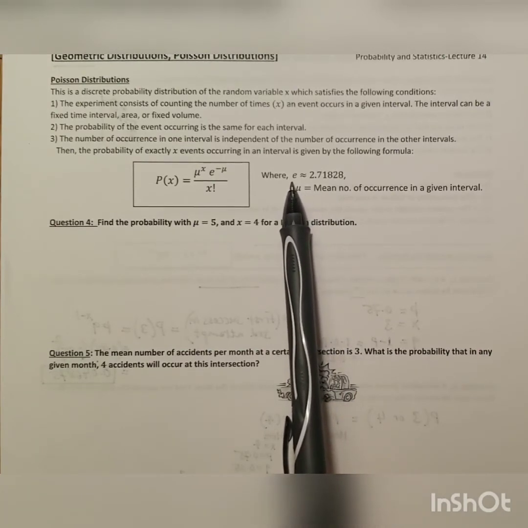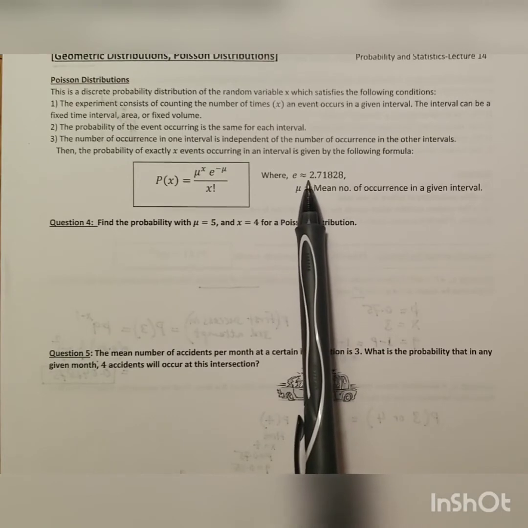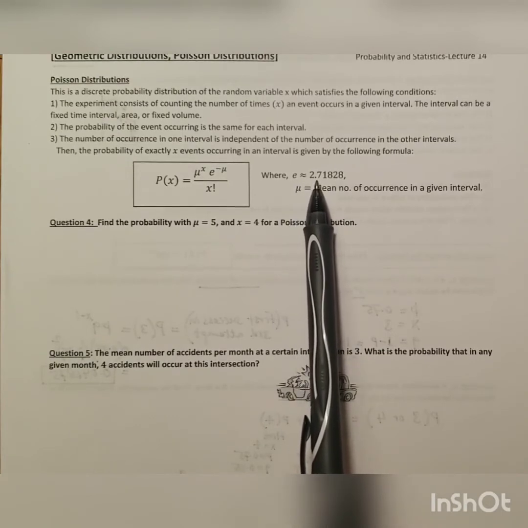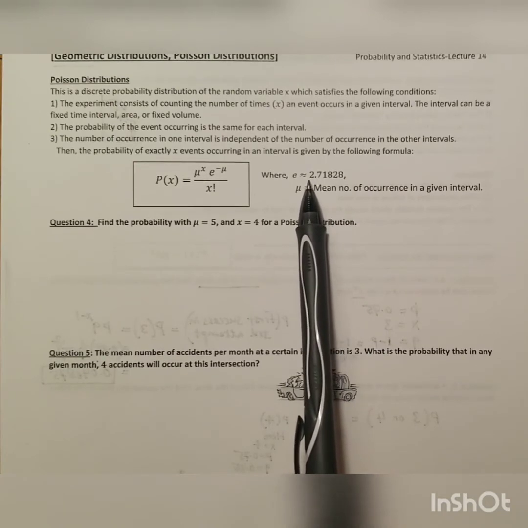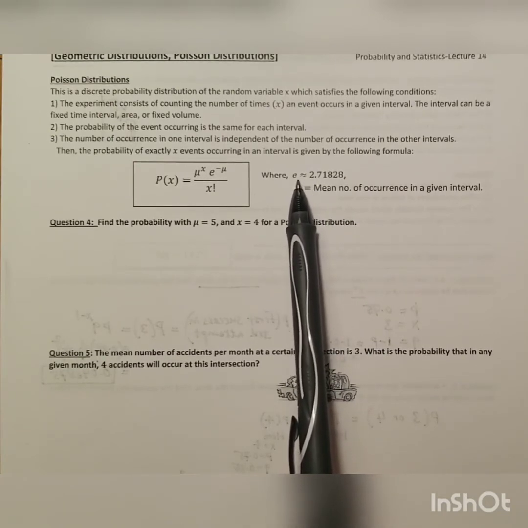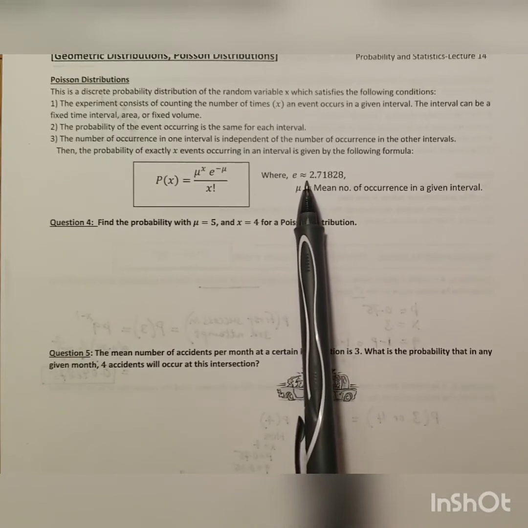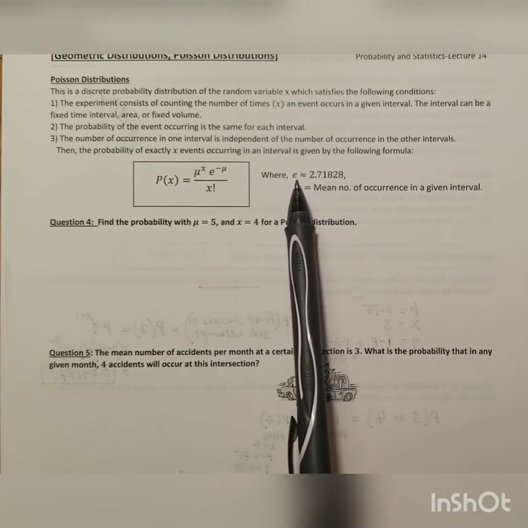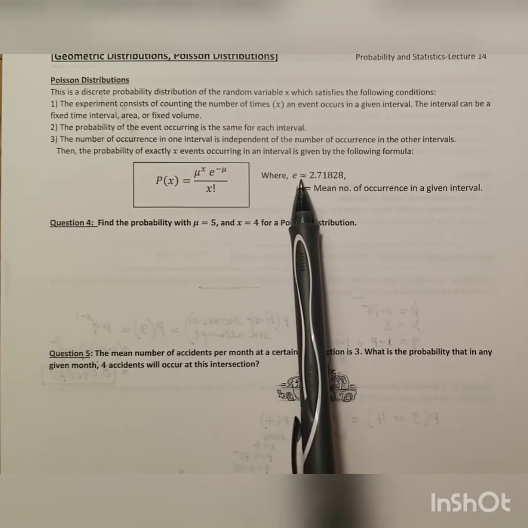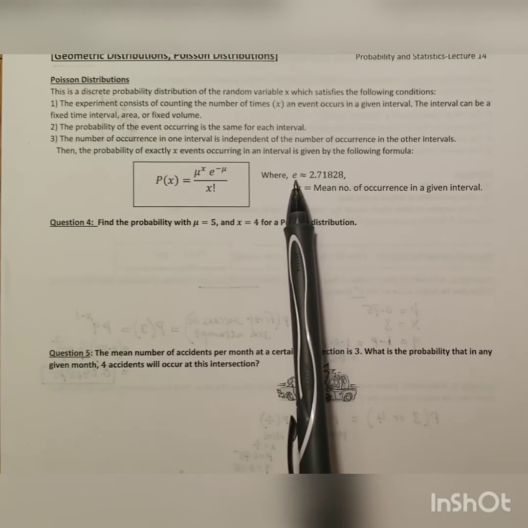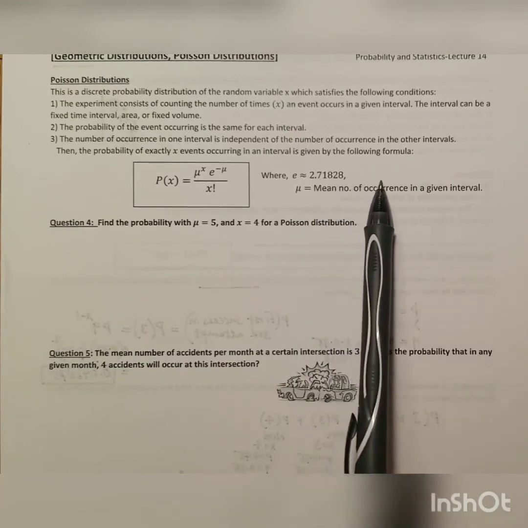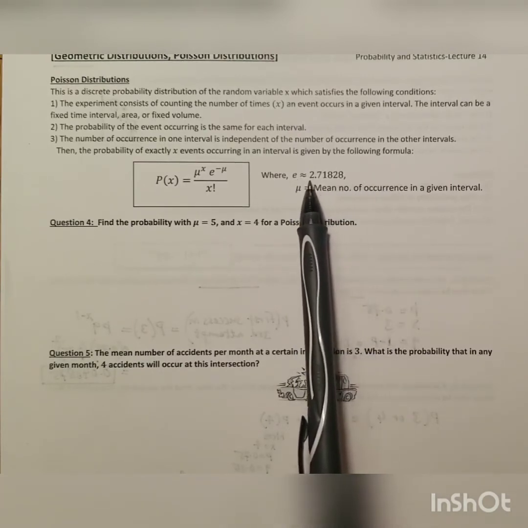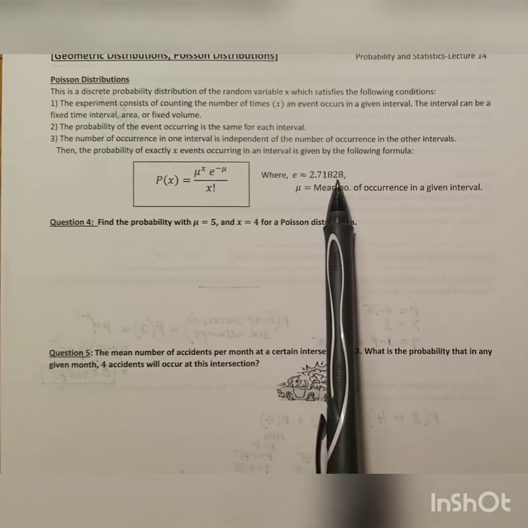It is used in many mathematical problems. We use e. It is a special value, 2.71828. It is a non-ending decimal, but we round it to 2.71828.